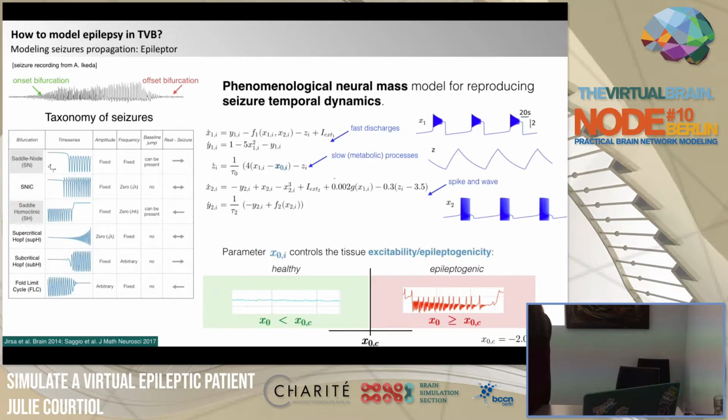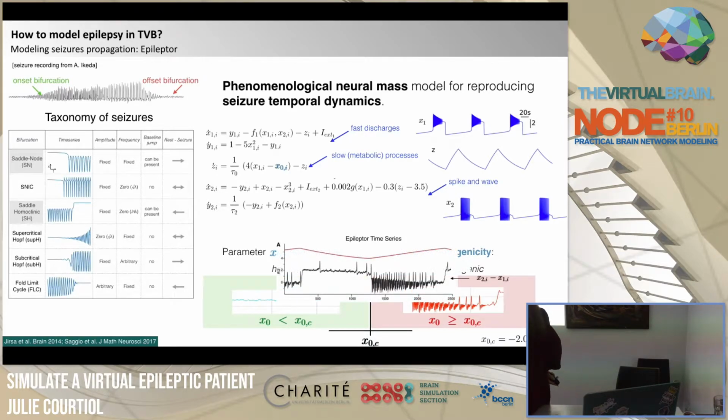So we say that the system is epileptogenic. And the output of the Epileptor is a combination, so here we have x2 minus x1, which means it is the output of the fast system's x1, so the fast discharge, and the x2.